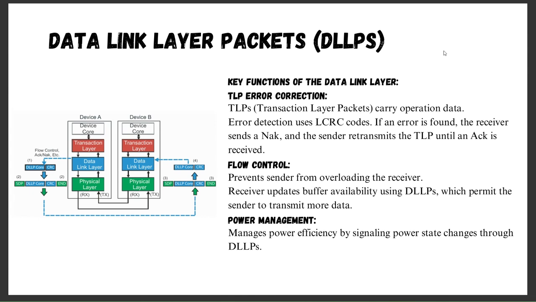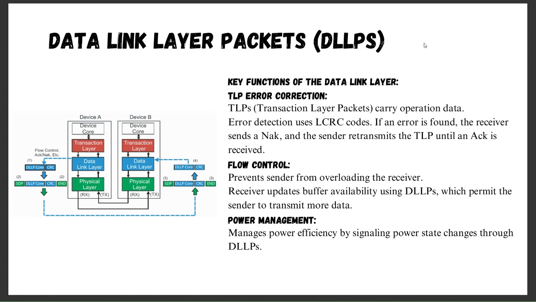So why do we need DLLPs? First, TLP error correction. So what is a TLP? TLPs carry the actual data for operations like memory read or write. And next, the error checking process. Each TLP is sent with error detection codes like LCRC.